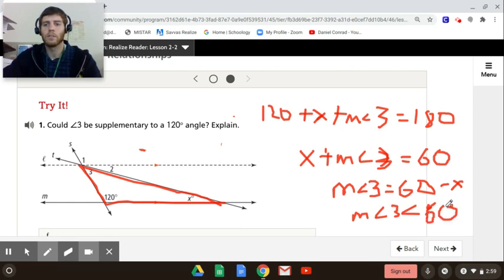And if it's smaller than 60, it can't be supplementary with 120. So those two same side interior angles can't be supplementary. Okay, so in order for them to be supplementary, the lines would have to be parallel.